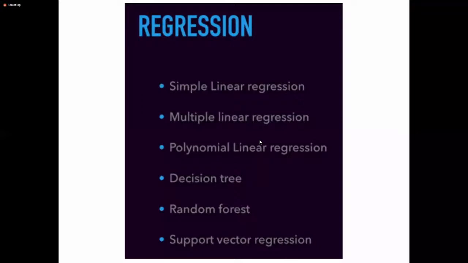So these are all the types of regression. Linear regression is the common method to model the relationship between a dependent variable and one or more independent variables. But in simple linear regression, we have one dependent variable and one independent variable. Actually, the linear models are developed using parameters which are estimated from the data.